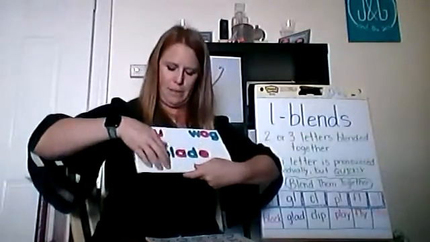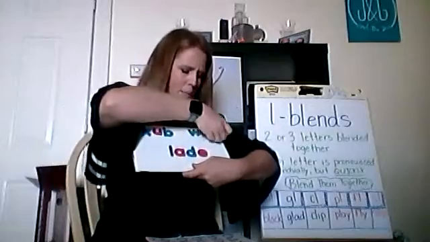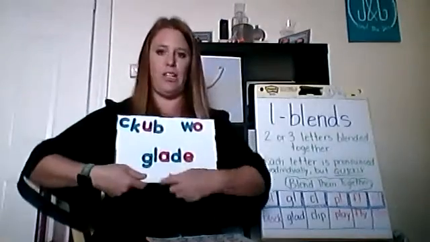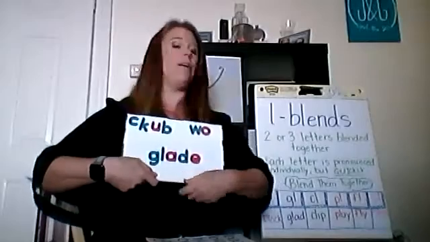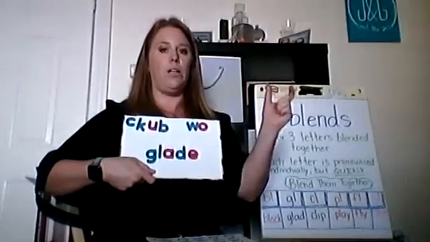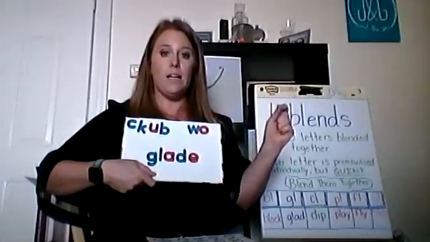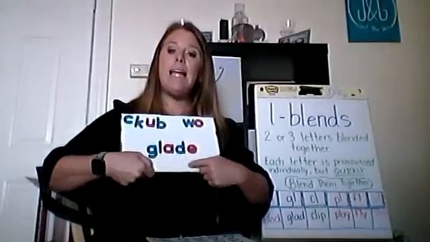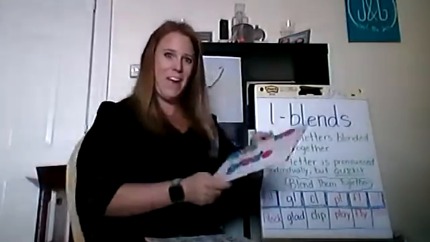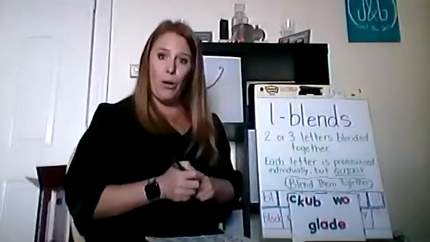And I'm going to take my B away, and I'm going to bring my G down. Again, G is going to hang out just a little bit lower than the other letters. And let's sound it out. So we've got that GL. G-ul. Say it together quickly. Gul. Aid. Glade. Good. So again, let's write that word.